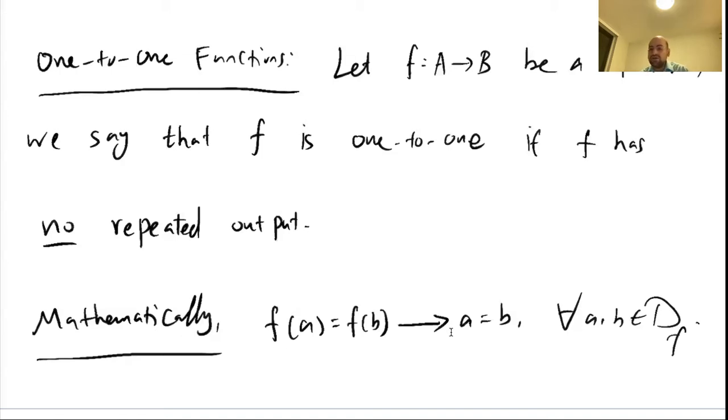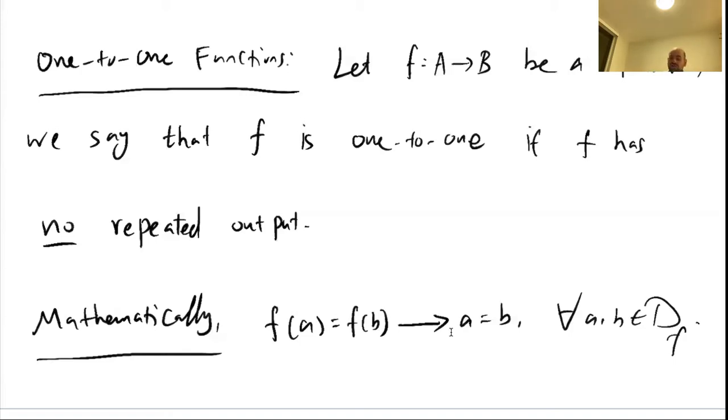I still have a function because I'm assigning exactly one height to every student. But I have a repeated output, meaning that 160 centimeters occurs twice, one time as the height of student number 1, one time as the height of student number 10.